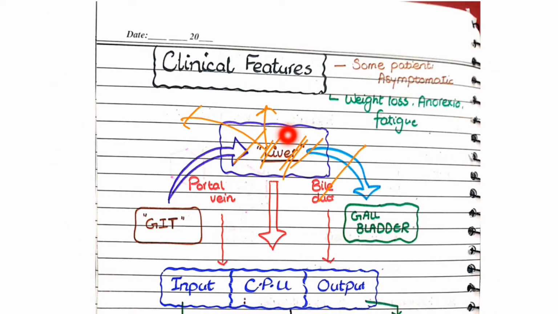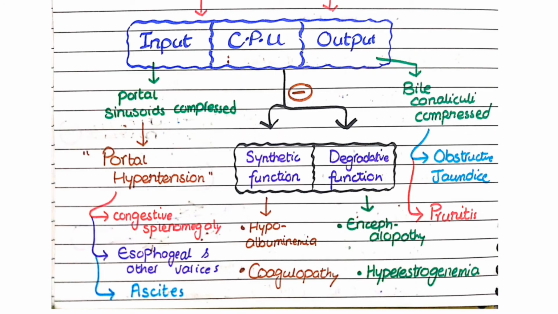And as bile salts and bile acids are not being properly secreted, these bile acids or bile salts will also be regurgitated into the blood, and they can deposit in the skin, and when they deposit in the skin, they cause an intense sensation of itching. This intense itching is known as pruritus. So along with obstructive jaundice, you will also see pruritus.